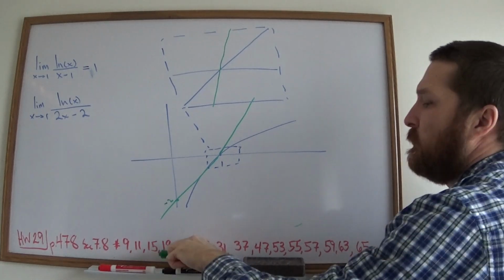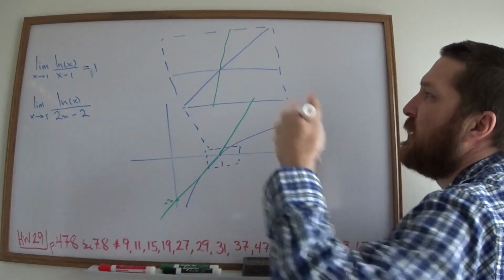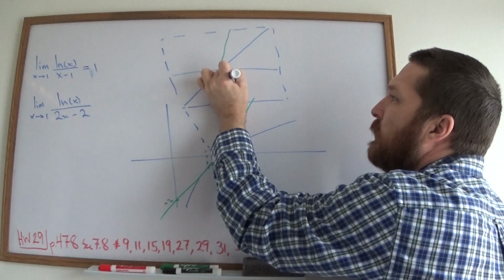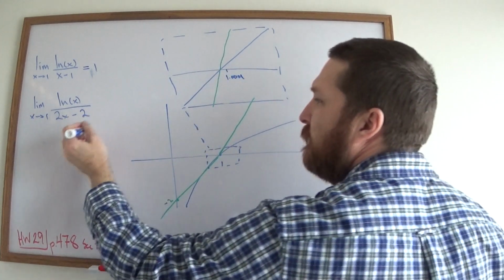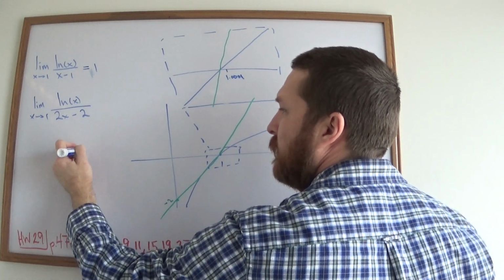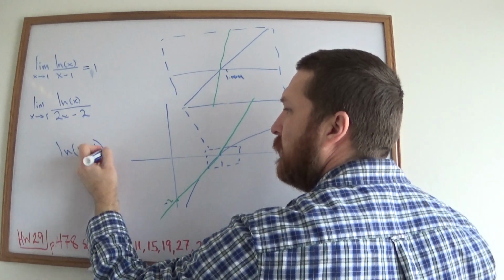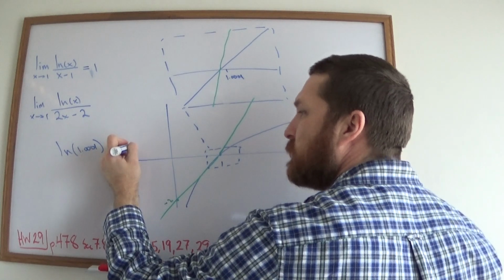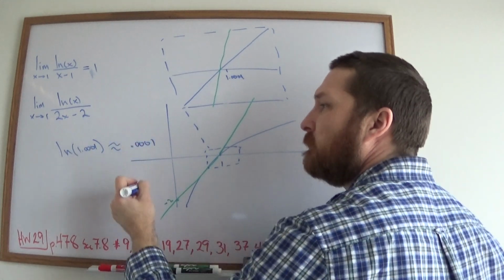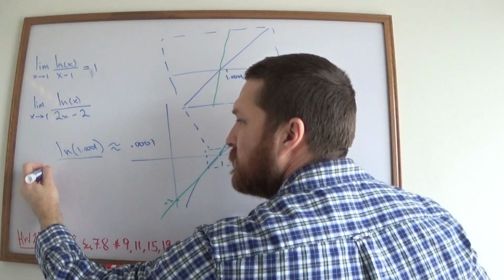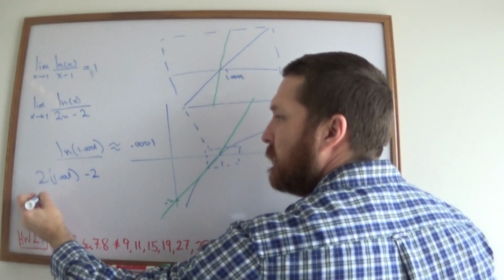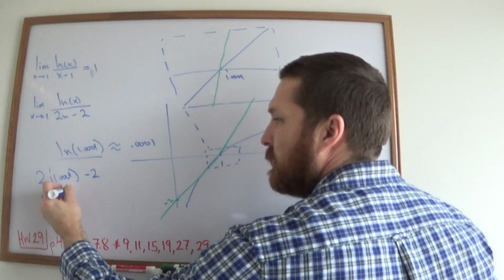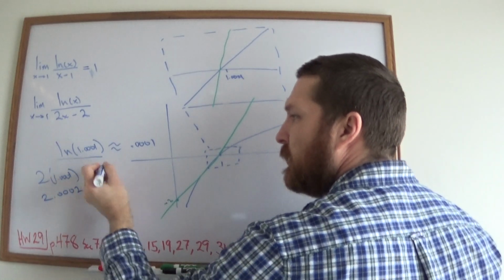So for instance, if we plug in some values that are really close, like 1.0001, we'd find that log of 1.0001 is really close to 0.0001. And then 2 times 1.0001 minus 2 is 2.0002 minus 2.